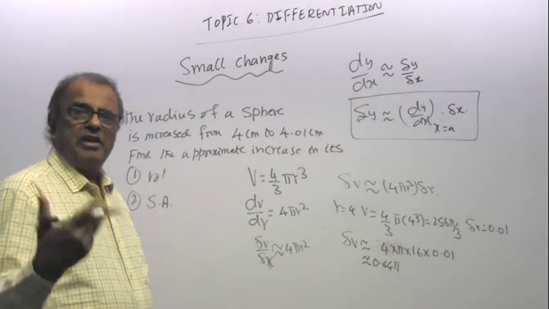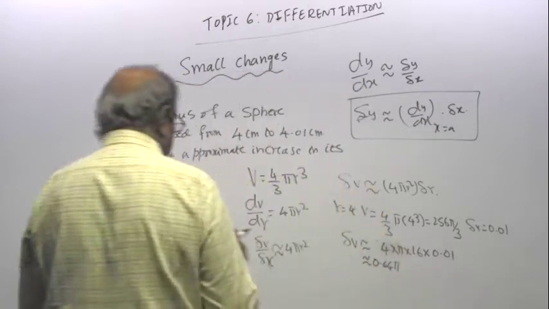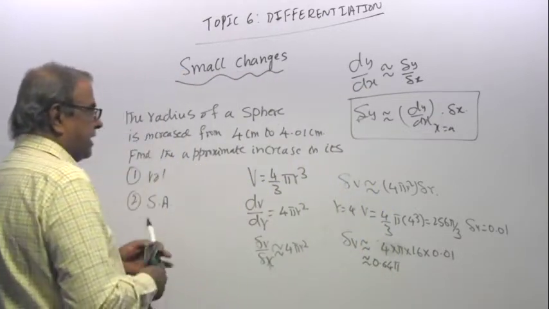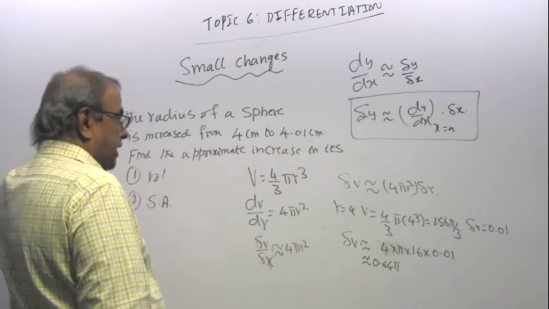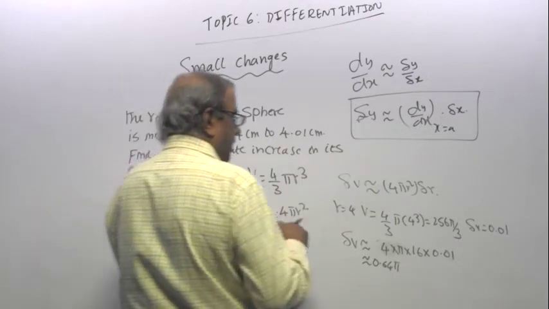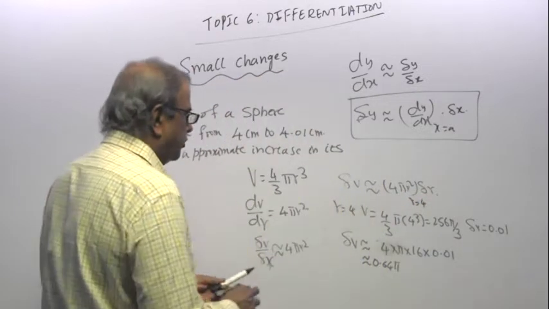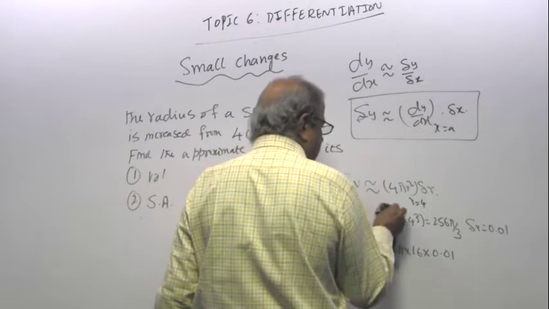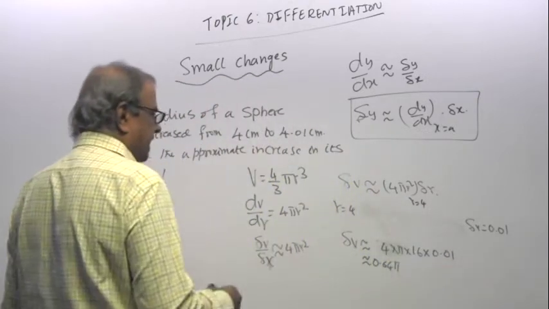So the change depends upon the value of the radius. Now let's come to the other one. Am I correct? Yeah. Delta V is 4 pi r squared delta r. That's correct, dy by dx at x equal to a. This will be at r equal to 4. So in fact, this is superfluous information. I just did it to see where it leads to.